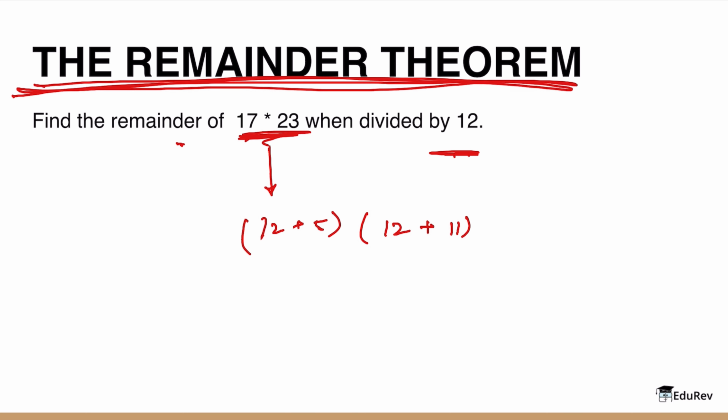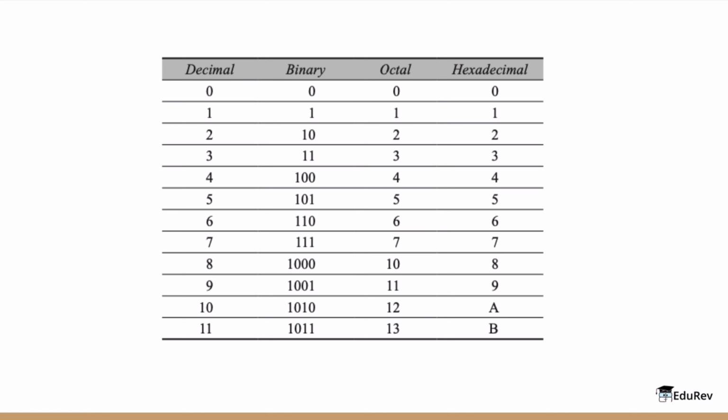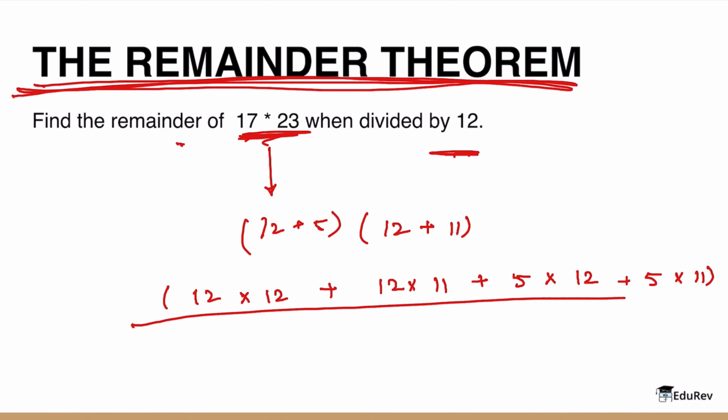Correct. Now when I expand this, it gives me 12 times 12 plus 12 times 11 plus 5 times 12 plus 5 times 11. I'm so sorry, the first three terms are divisible by 12. Correct? Now you will realize that when this expression is divided by 12, the remainder will only depend upon the last term.